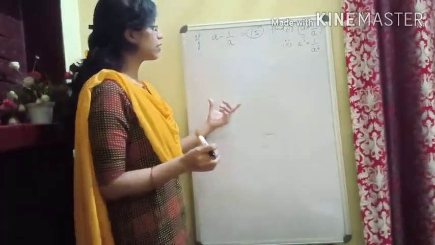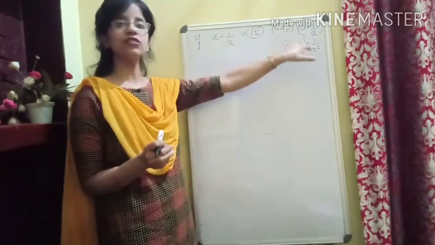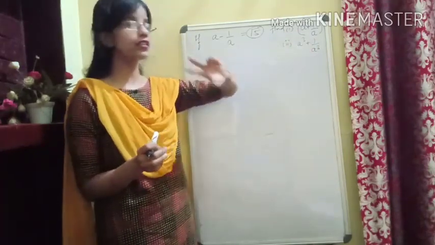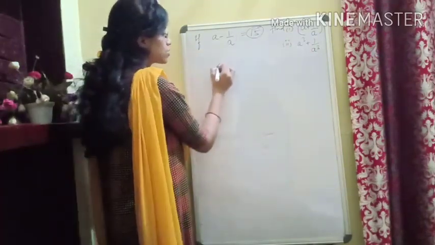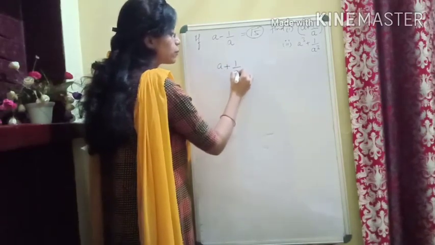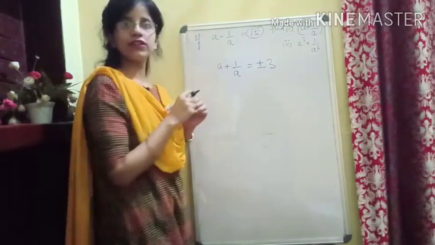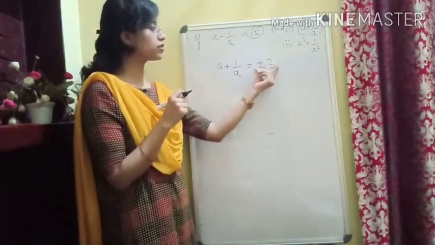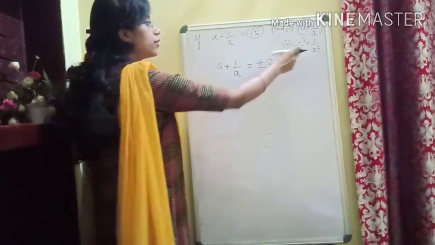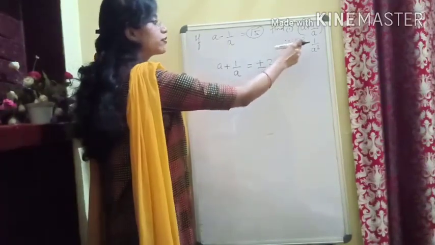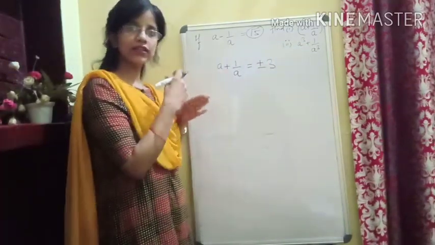Okay, so if I tell you how to write the answers of these two parts, since we are getting two answers, as we have calculated a plus 1 upon a, it is simply coming plus minus 3, because we were solving root 9 and it gave you plus minus 3. Now this we have calculated in two parts, case 1 and case 2.